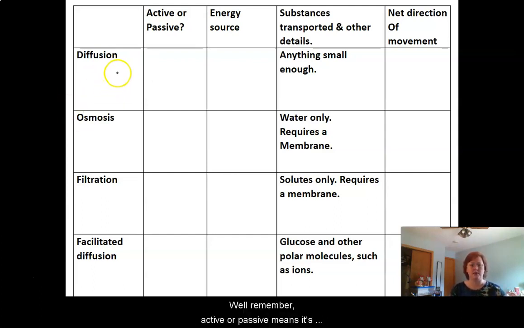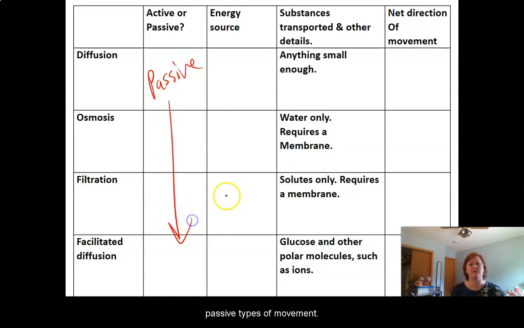Well, remember, active or passive means going to happen on its own, or we need to input some energy into it. So for diffusion, osmosis, filtration, and facilitated diffusion, these are all passive types of movement. So if they're passive, what type of energy do we need? We don't need any.